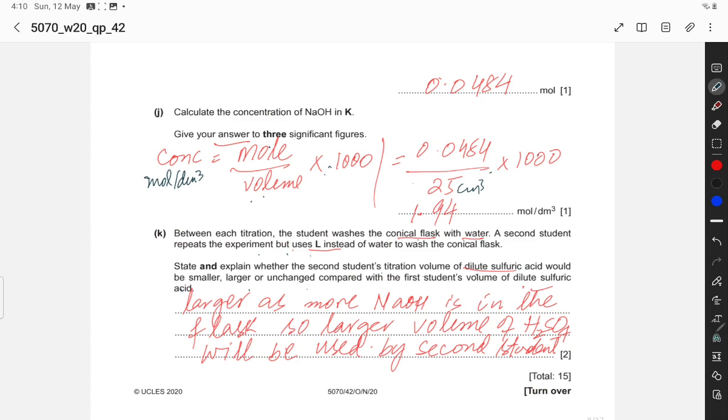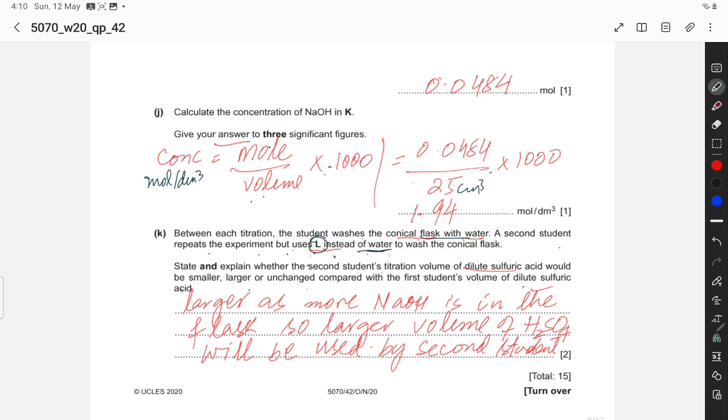So he asks you that the student washes the conical flask with water. A second student repeats the experiment but uses L instead of water to wash the conical flask. L is the solution.